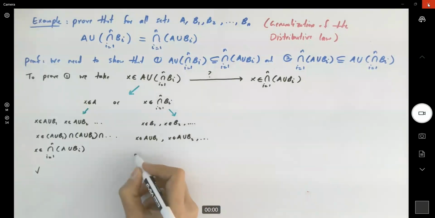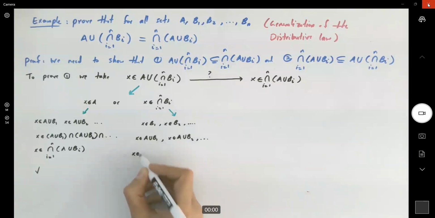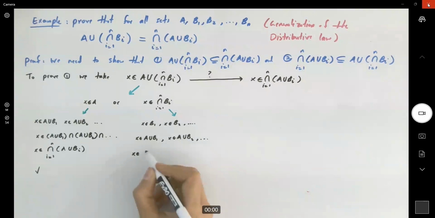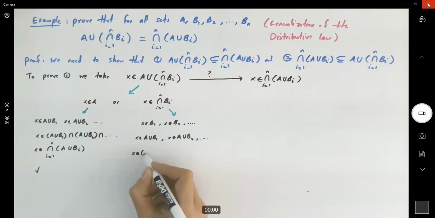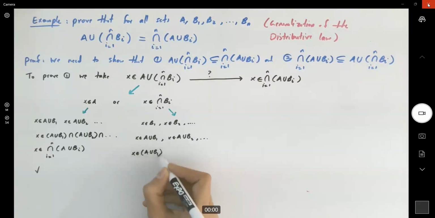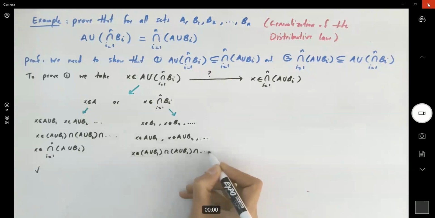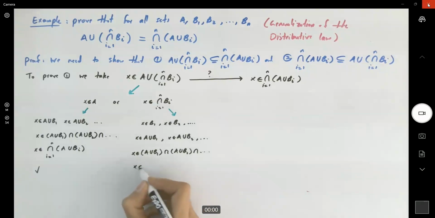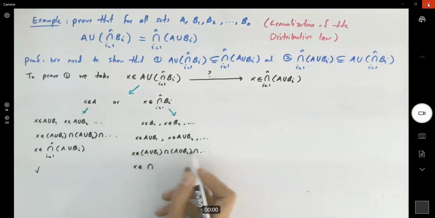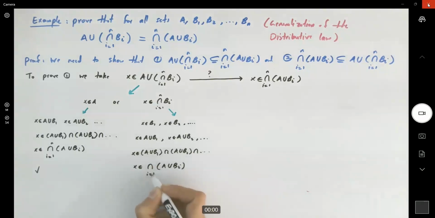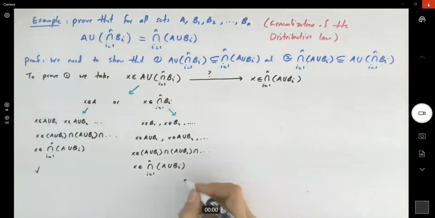So what's the meaning of that? It means that x belongs to the intersection of these sets, am I right? A union B1, intersection, A union B2, intersection, the rest of them. So x belongs to the intersection of A union Bi, i starts from 1, goes to n.